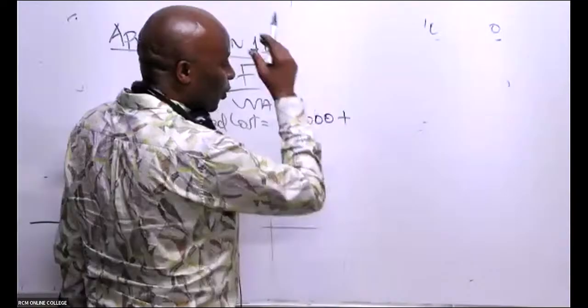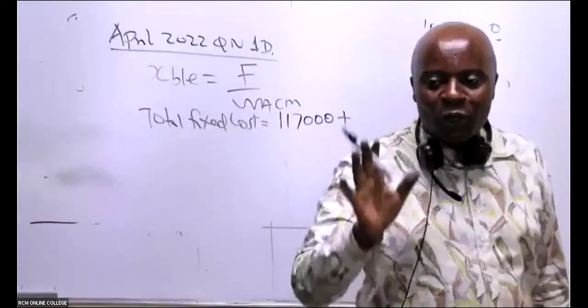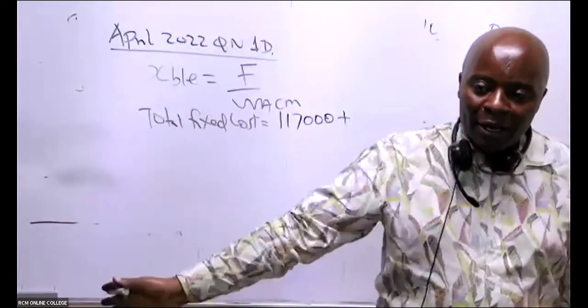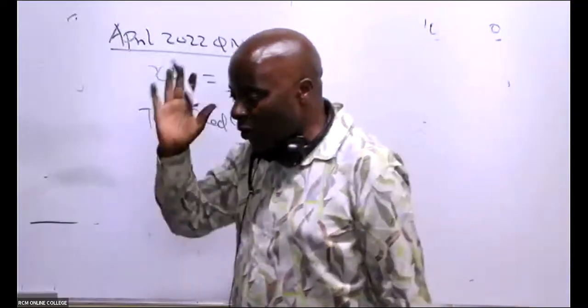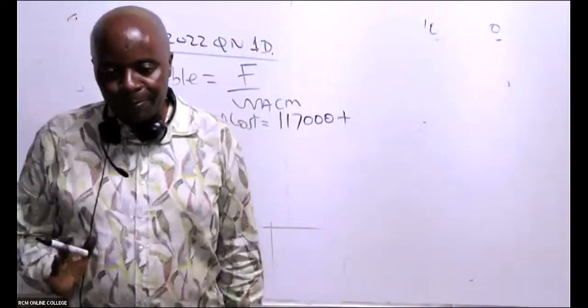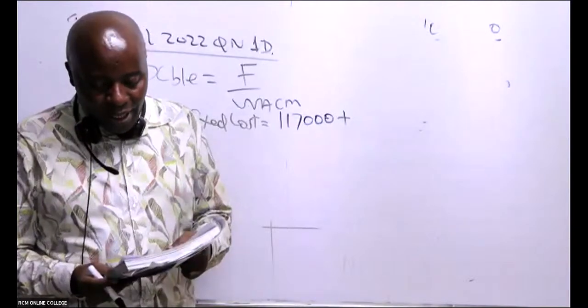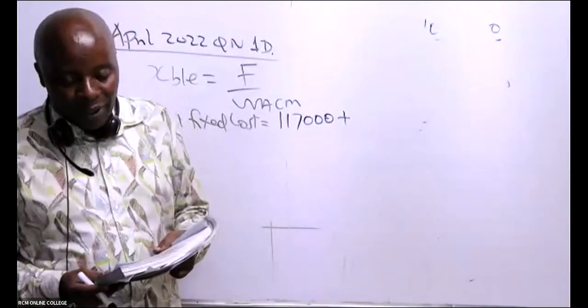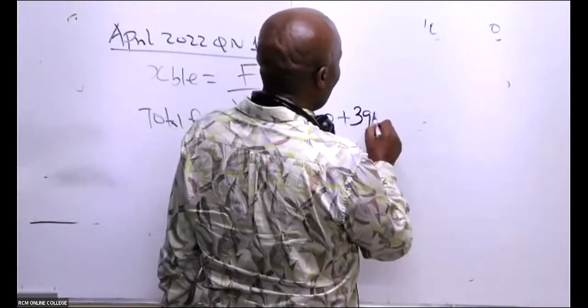So 117,000 plus the common ones. Because you want total fixed cost for the firm, whether avoidable or not, you simply give us the total fixed cost. So we have the avoidable of 117,000, and then we have the common indirect fixed cost of how much? 39,000. This is how students get it wrong.